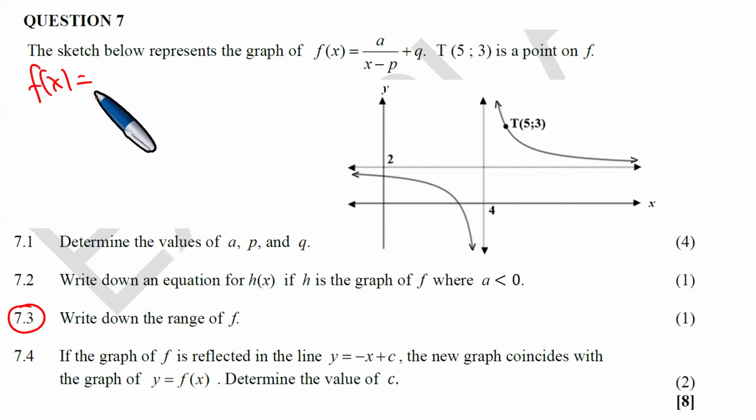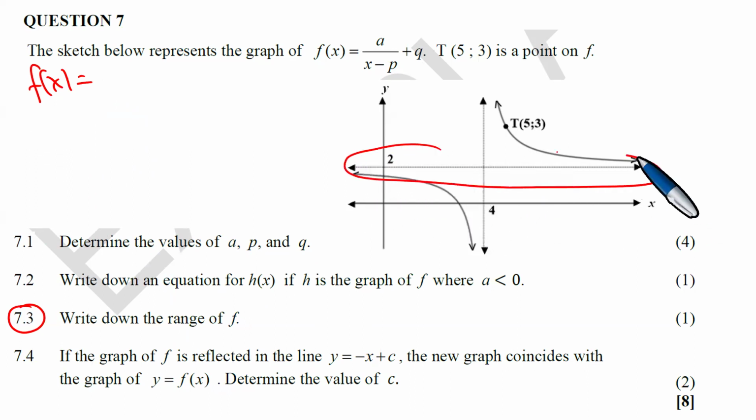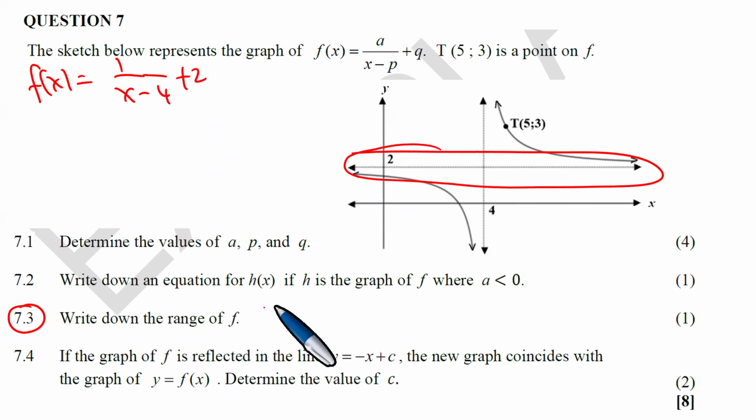The range of f, obviously, we are just going to remove this one. Obviously, 1 over x minus 4 plus 2 is the graph. And the range, therefore, is going to contain y element of real numbers such that y itself is not 2. So this becomes the range.